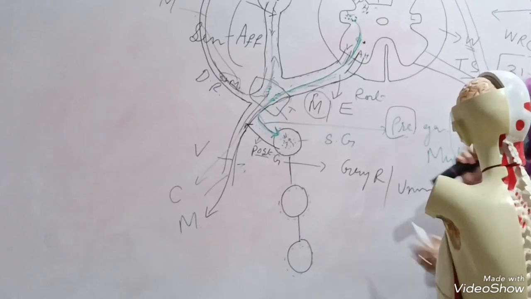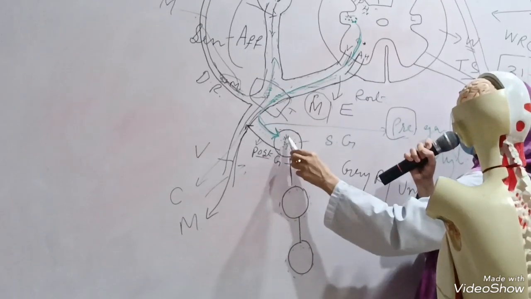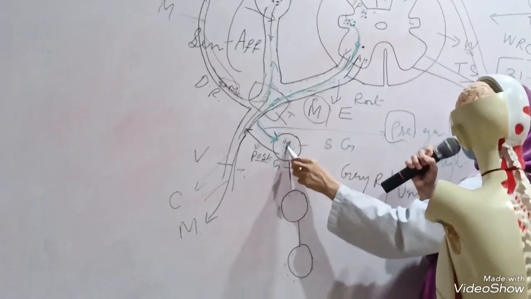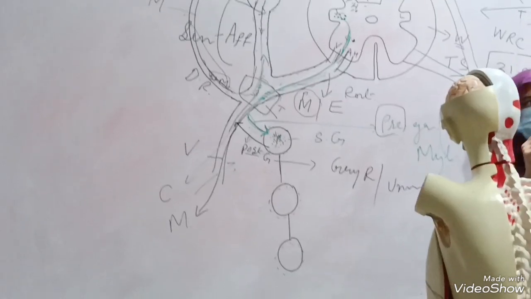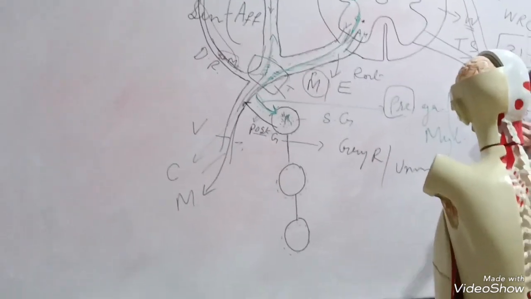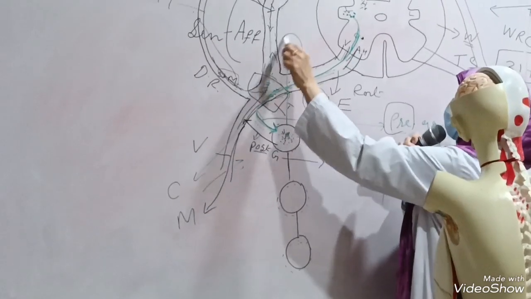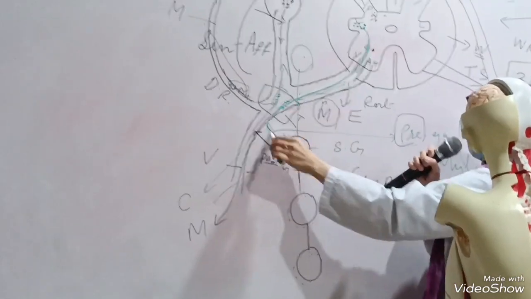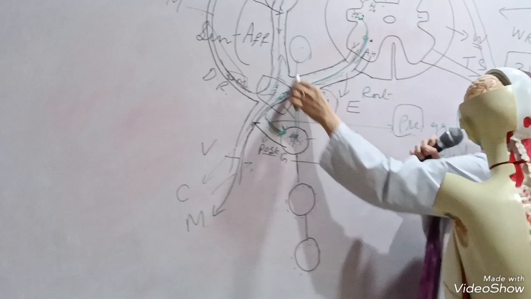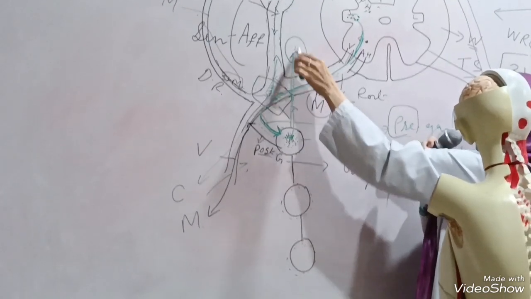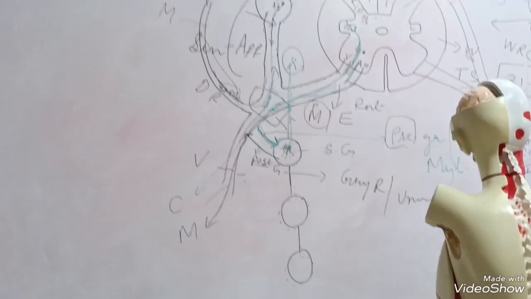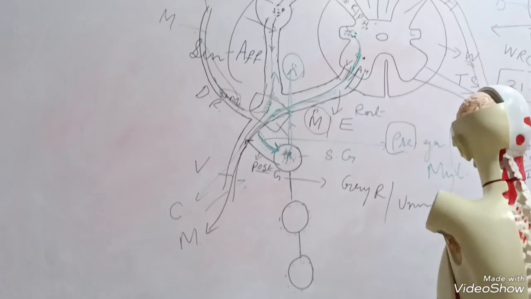What will it be doing? First of all, it may come here and synapse with the other neuron. One way of communication. The other way is that the fibers, if I draw another sympathetic ganglion, these white rami may ascend up and communicate with the neurons of upper ganglia. Is it clear?